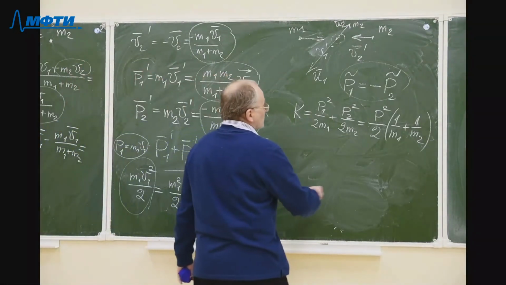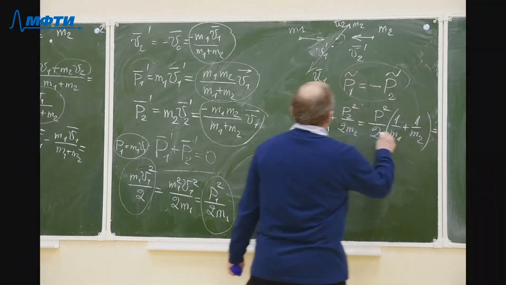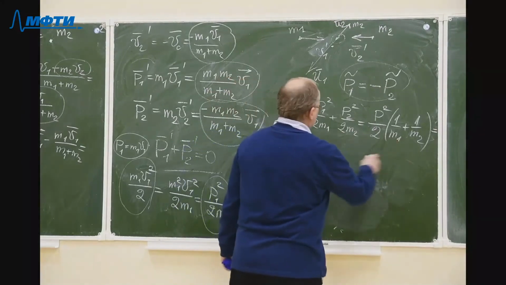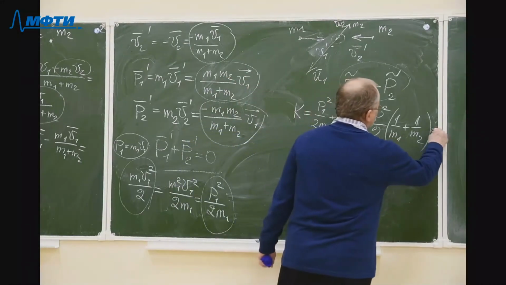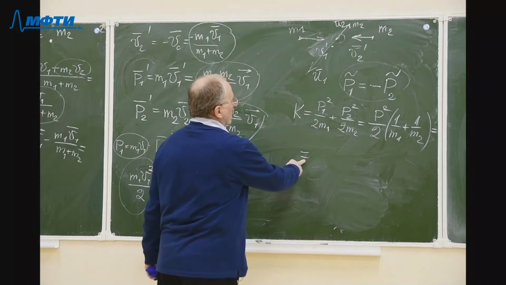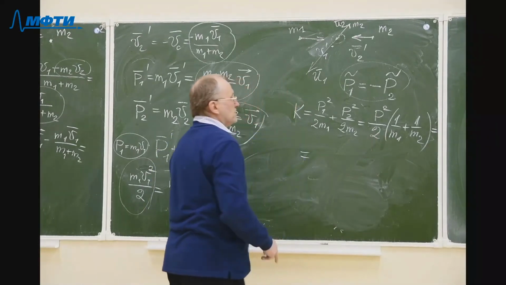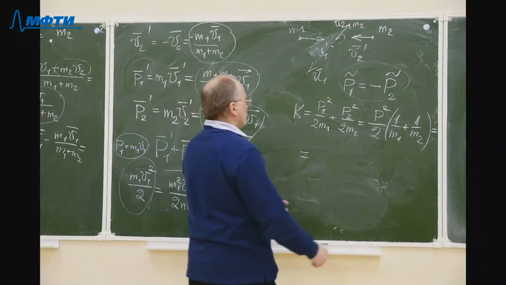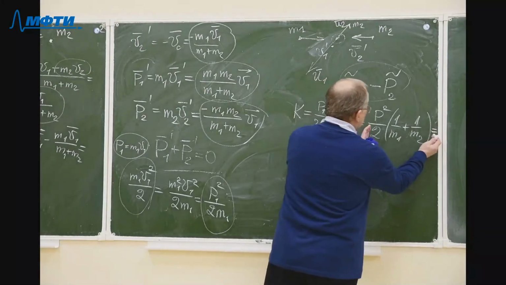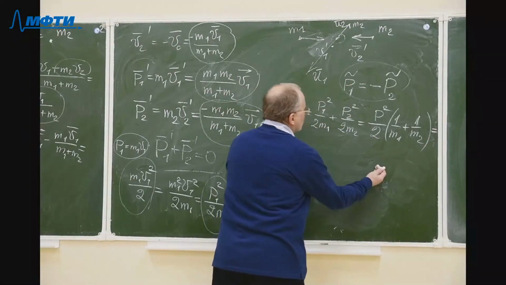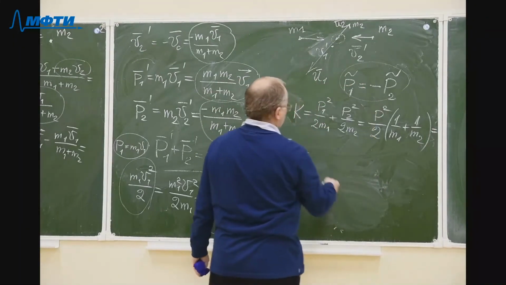What happens after the collision? After the collision, the kinetic energy will be the same, so I equate the kinetic energy after the collision to the kinetic energy before the collision. This is the law of conservation of kinetic energy. So before the collision, kinetic energy was this one, and after the collision, it will be expressed differently.